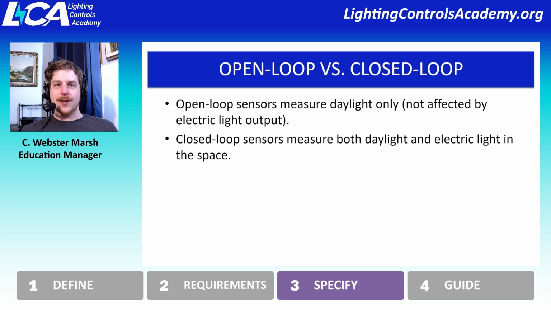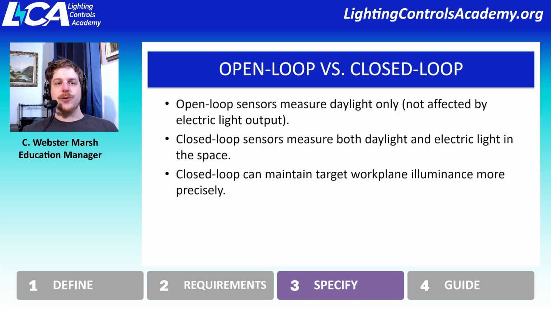Closed loop sensors, on the other hand, are going to measure both the daylight and the electric light in the space or on the surface that it's measuring. So closed loop has that ability to dial into a target illuminance and try to maintain that illuminance by managing the electric lighting in combination with the natural light coming in with daylight. But that will depend on a number of factors, such as your surface reflectance.